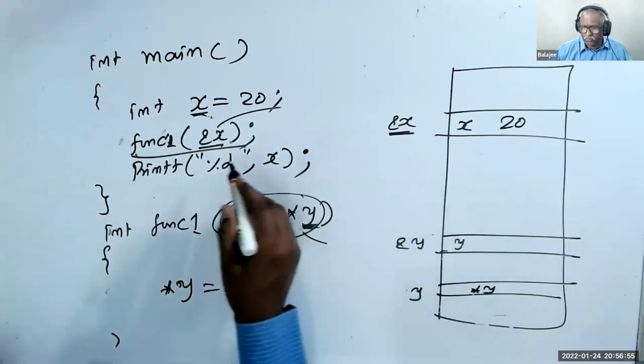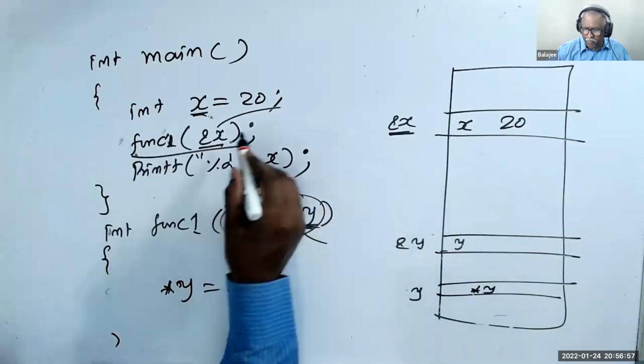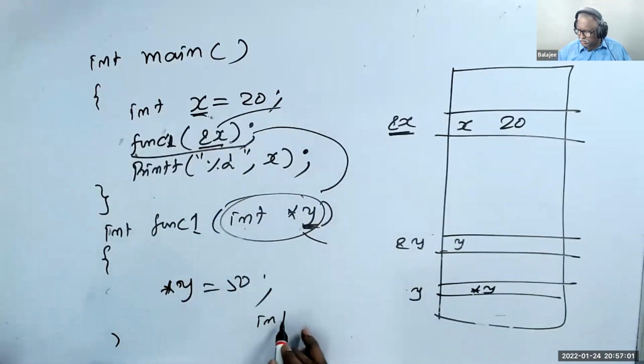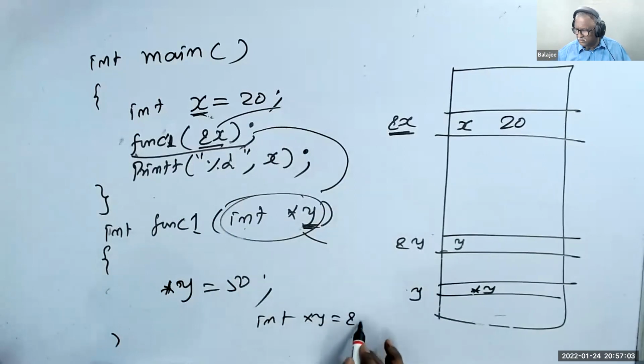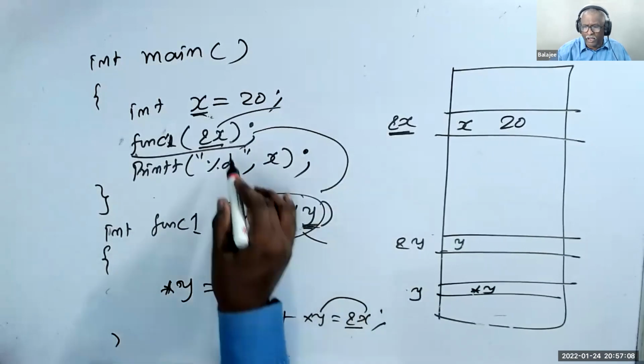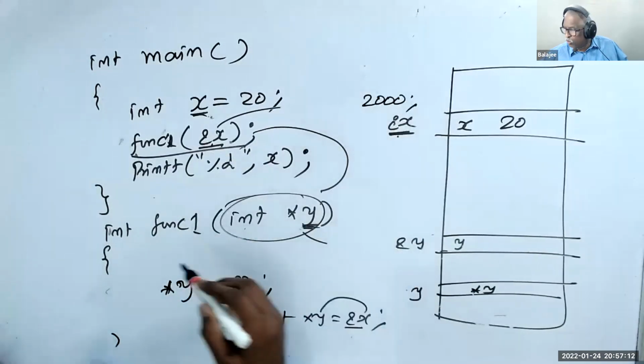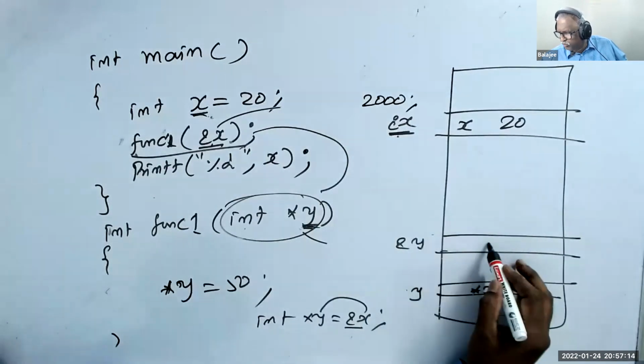Now when I pass the parameter, the meaning is int star Y is equal to &X. This is going to Y. So &X is here, let us say 2000. Now for Y, I store the value of 2000.